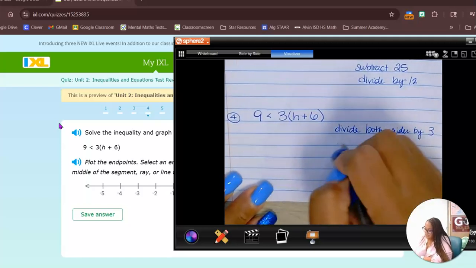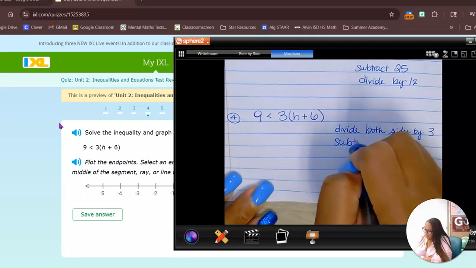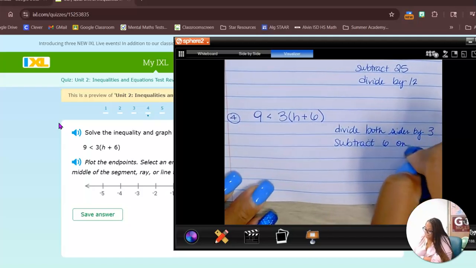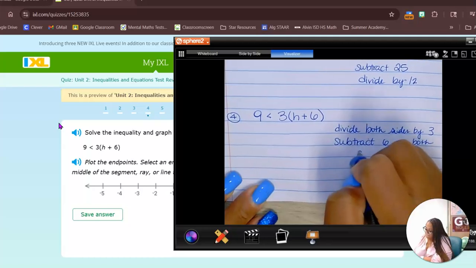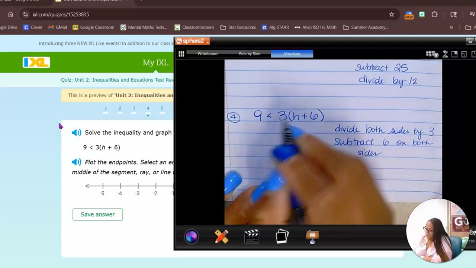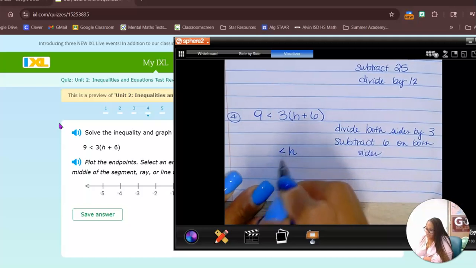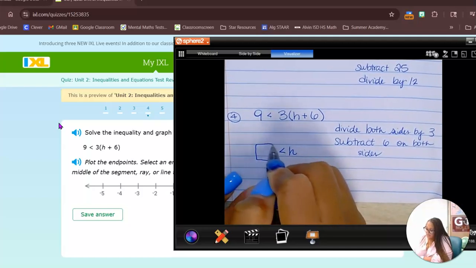And then subtract 6. Remember that h will be on this side, so h will be greater than whatever number you get over here.